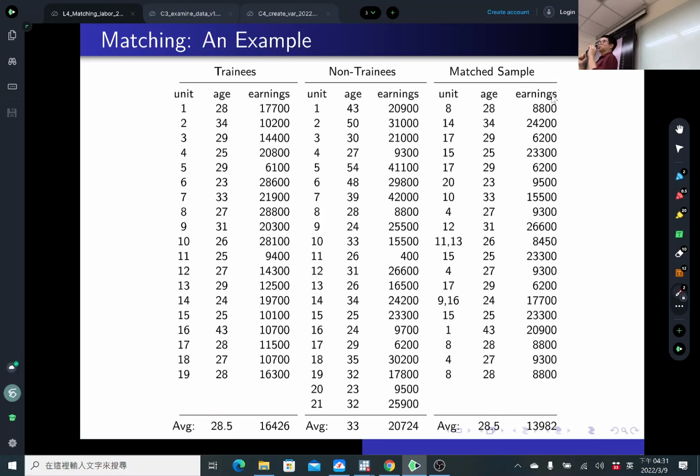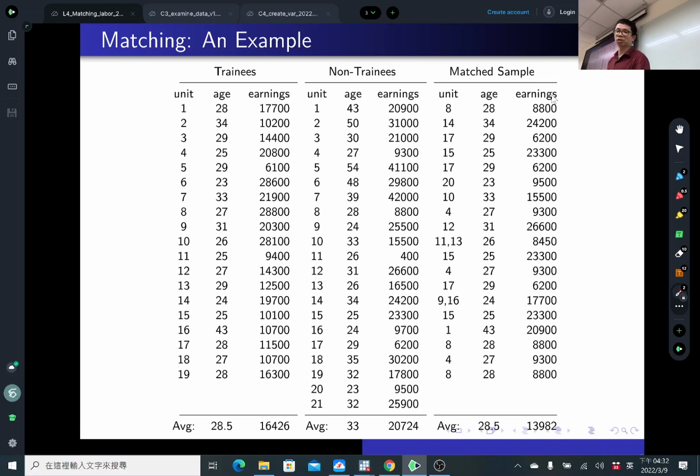And since you assume the only difference between treatment group and control group is age, basically other things are equal, so you can claim the difference in the earnings between the treatment group and this matched control group is due to the job training program.